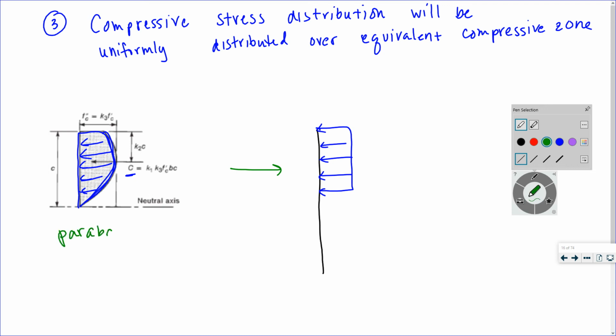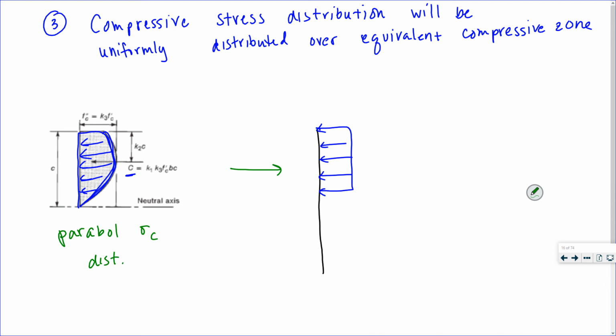This is a parabolic compressive stress distribution, and this is our equivalent uniform compressive stress distribution. The areas should be equal. It's just a lot easier to find that area, right?